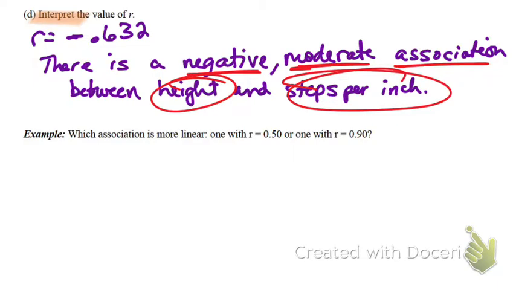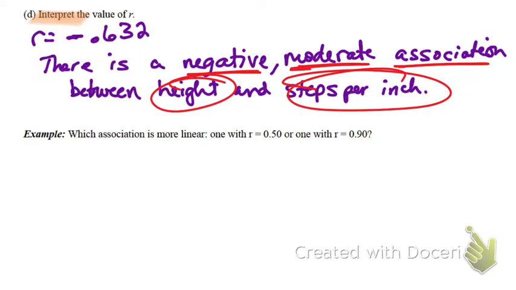The variables here were height and steps per inch. You don't actually put the R value in. Correct. Can we say logically this is causation? Maybe. But no, correlation does not imply causation.